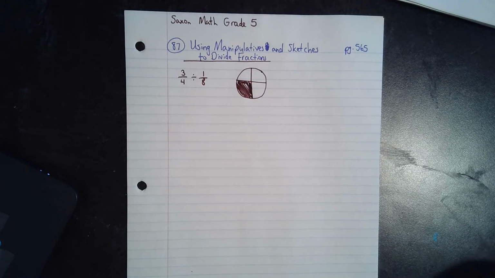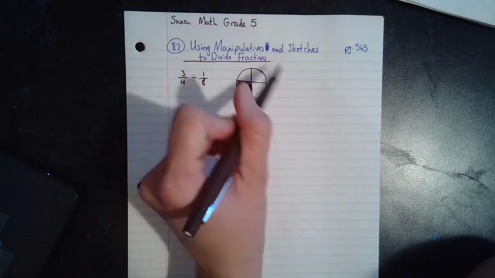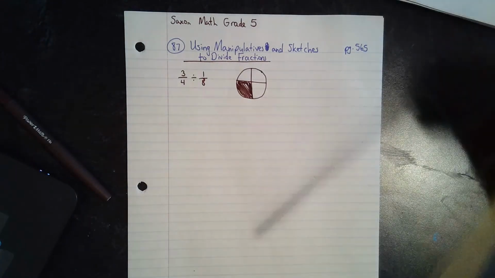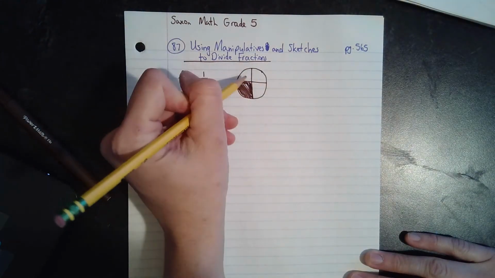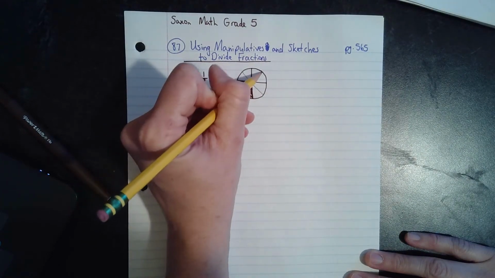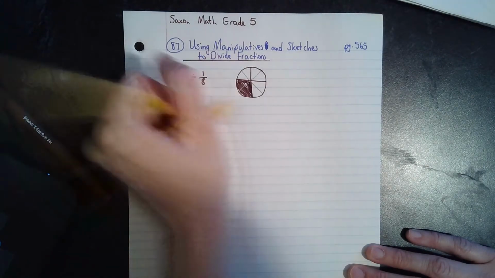In order to figure out how many 1/8 are in 3/4, I need to take this circle and break it into eighths. If it's already in fourths, then if I cut it this way, now what I've done is I've broken the circle into eighths.